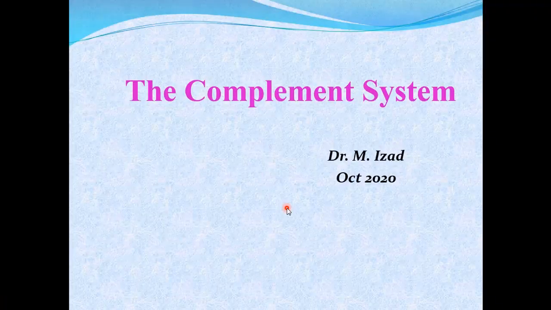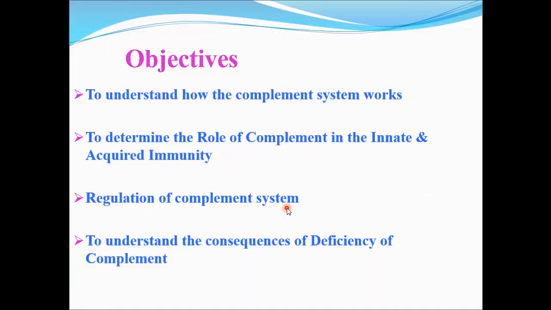In the name of God, in this session I'll talk about the complement system. You will learn how the complement system works in our body, what the proteins in the complement system are, and what the role of the complement system is in innate and acquired immunity.